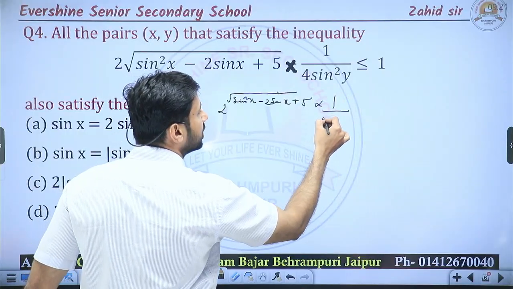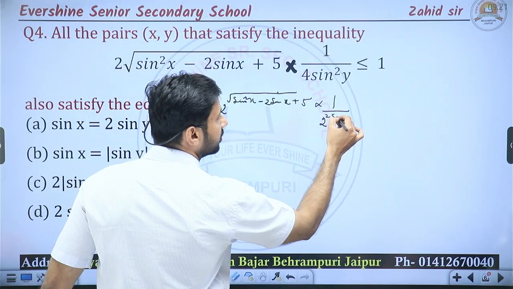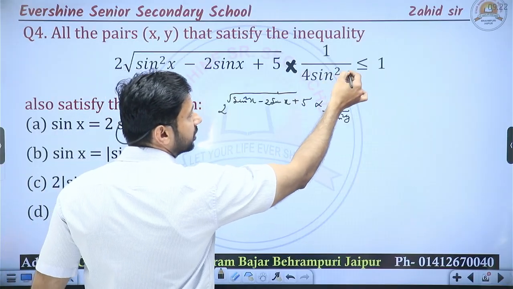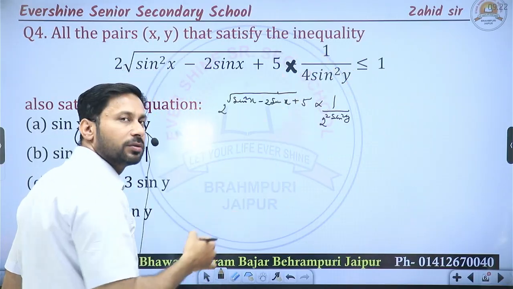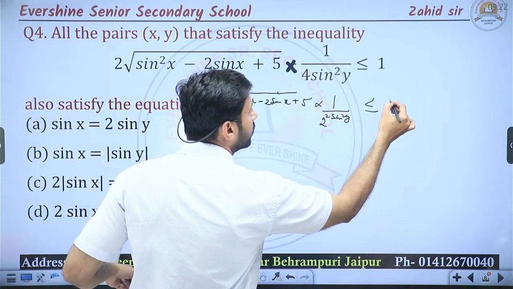I can write 4 as 2 raised to the power 2 sine square y. Okay, this is also the power of it. But this is the power of 4, which is less than equal to 1.